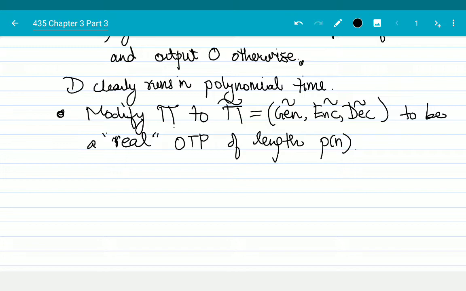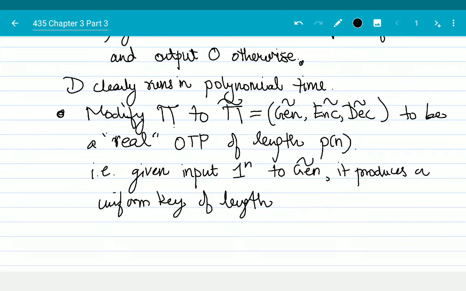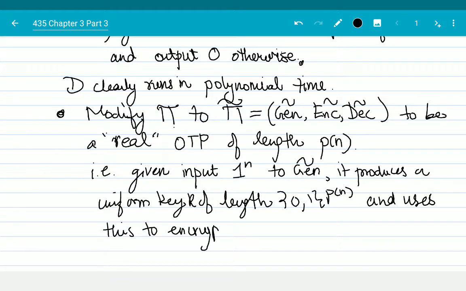Okay, so what it does is it takes the generator, i.e., given input 1 to the n to gen tilde, it produces a uniform key of length 0 1 to Pn, and uses this to encrypt the message.